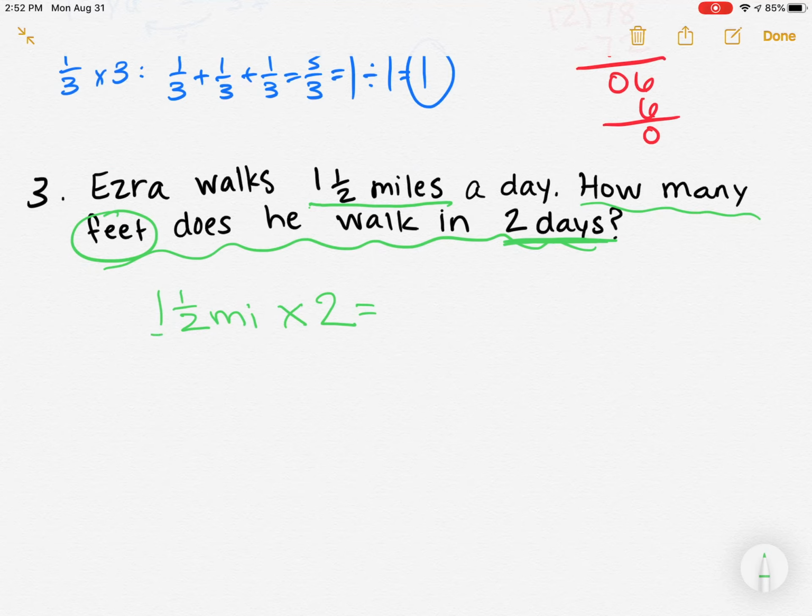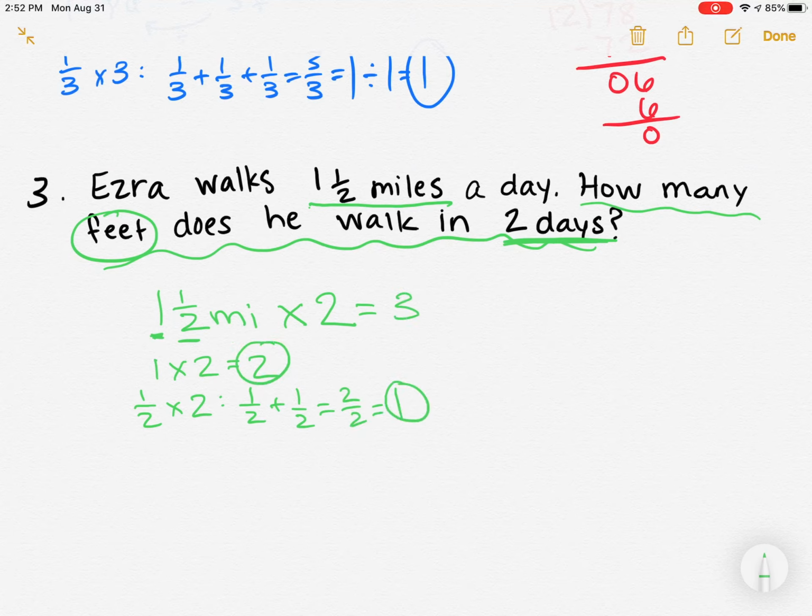So what's 1.5 times 2? I can again work with the whole number and then the fraction. 1 times 2 is 2, and 1/2 times 2 is the same as adding 1/2 twice, and that equals 2 halves or 1 whole. 2 plus 1 is 3.